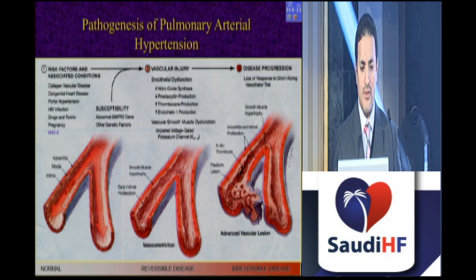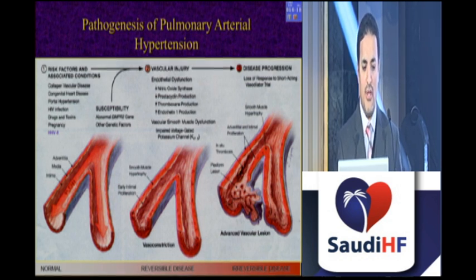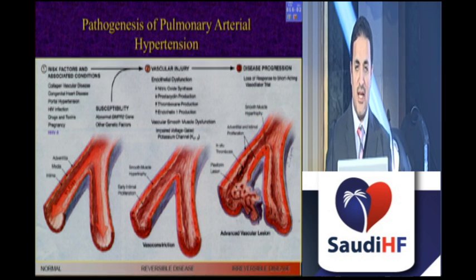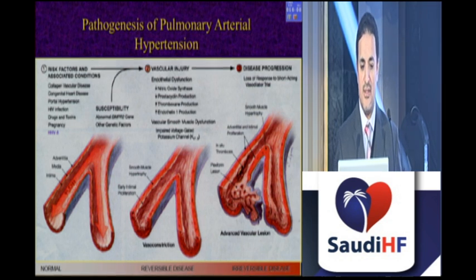The pathogenesis has been established for a while now. It involves usually some predisposition in patients who develop pulmonary hypertension, and they're susceptible. There are risk factors, including toxins, portal hypertension, congenital heart disease, etc., collagen vascular disease. This leads to a vascular injury, which manifests as decreased nitric oxide synthesis, decreased prostacyclins, and increased endothelin and thromboxane.